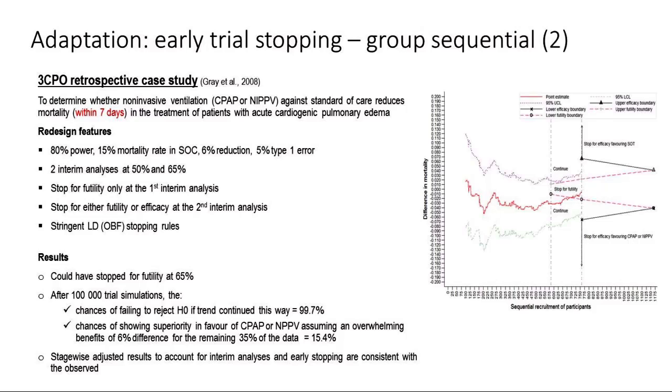At the second, they said, okay, now we need two options. We can stop the trial either for futility, if we proceeded after the first interim, and also for efficacy. So it just illustrates that you can design the trial differently depending on what you want as a researcher. In this trial, instead of the treatment being effective, the treatment was futile.